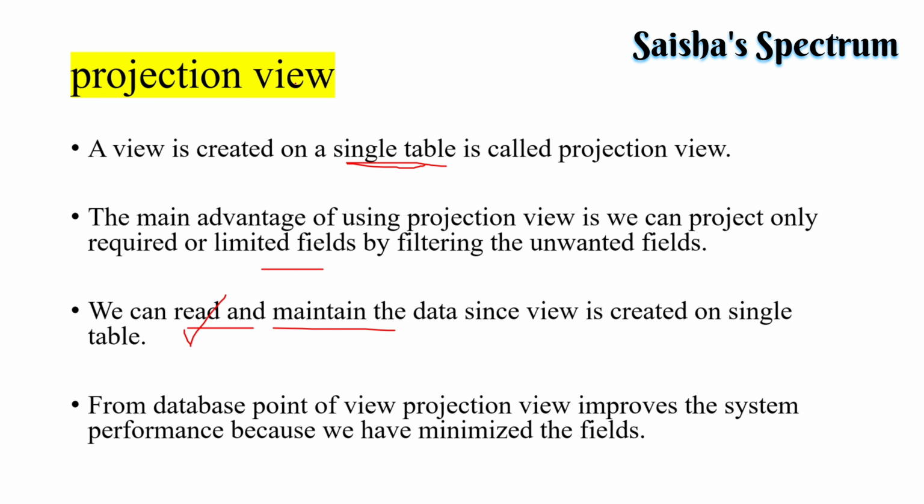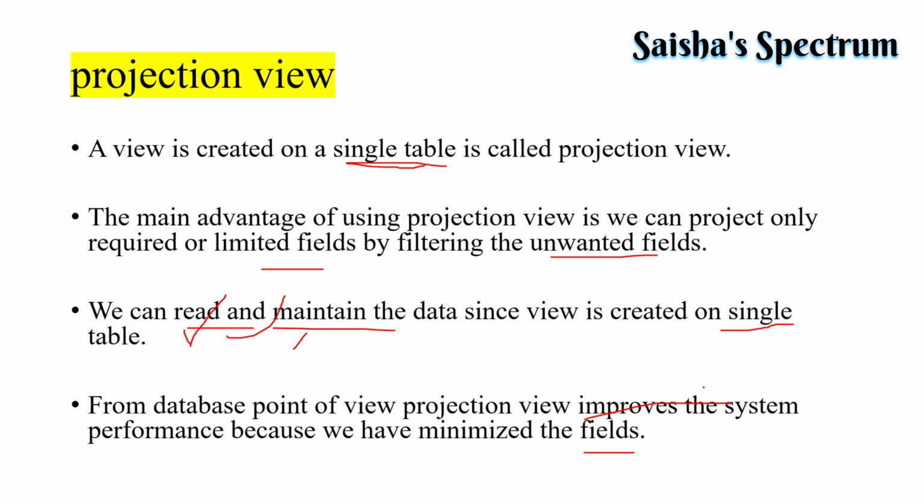And the advantage of a projection view is that we can project only the required limited fields by filtering the unwanted fields. And as a projection view is created on a single table, it can read and also maintain the data. Compared to the database view, the projection view improves system performance because it has a minimum number of fields.